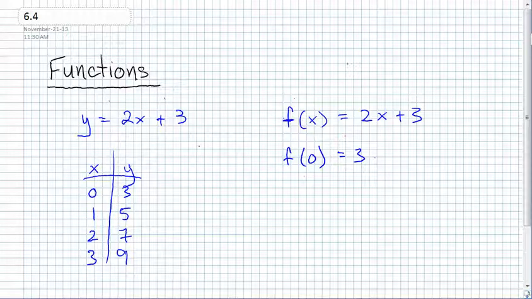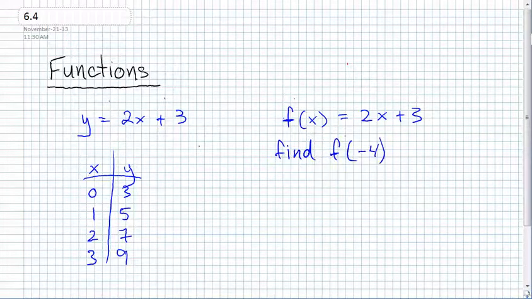And likewise, f of 1 is equal to 5, and f of what is equal to 9? Well, looking at the table of values on the left, I can see that f of 3 is equal to 9. So it's just a way of writing what x and y are a little bit different than what you're used to.